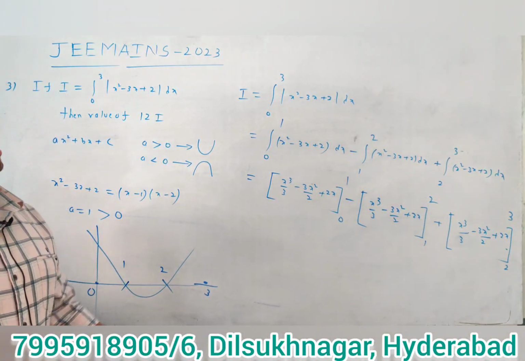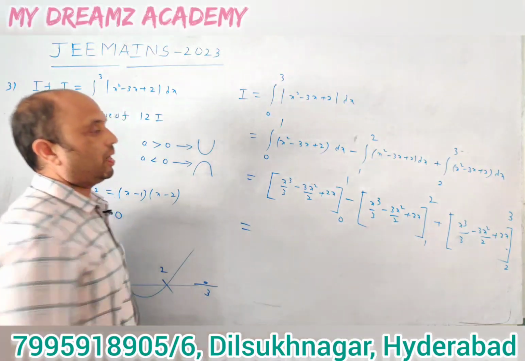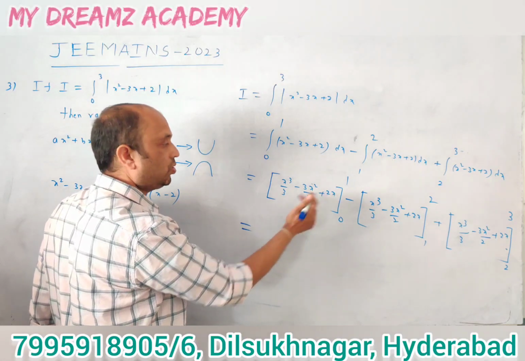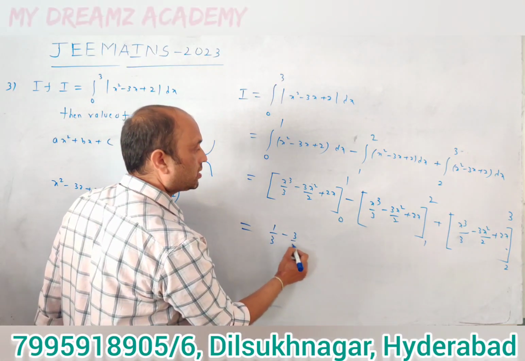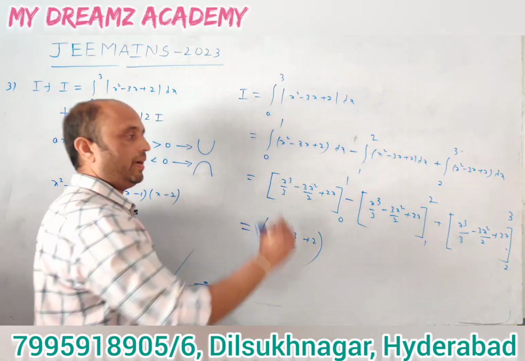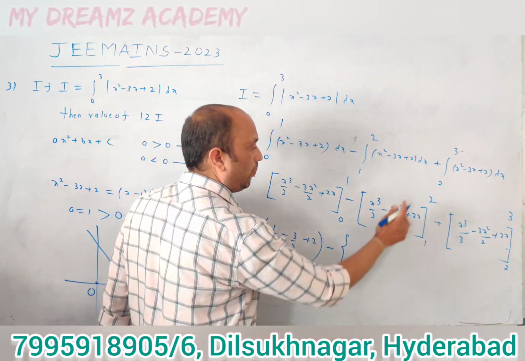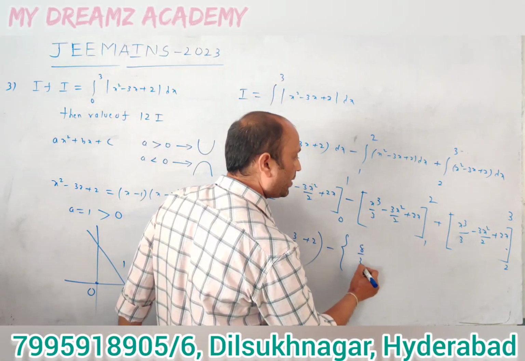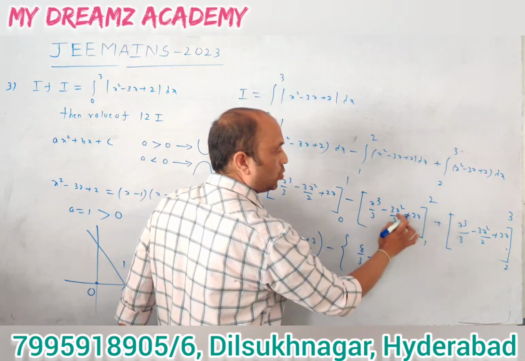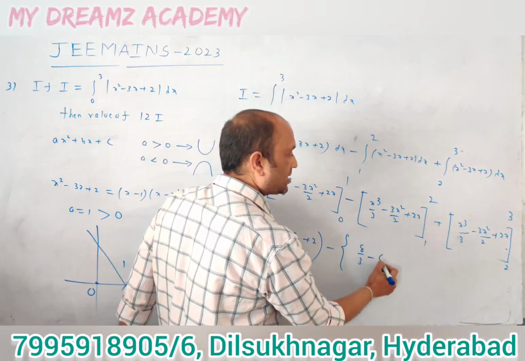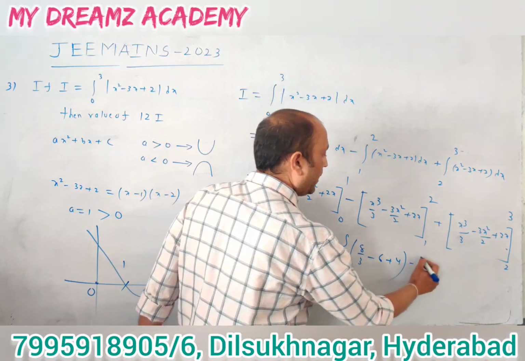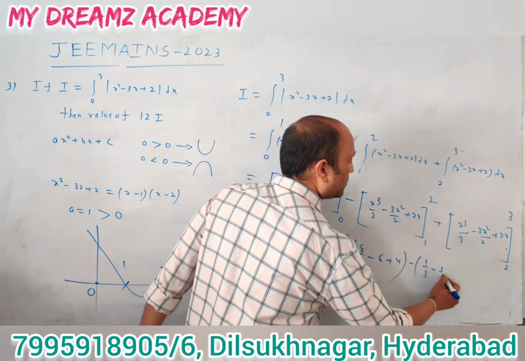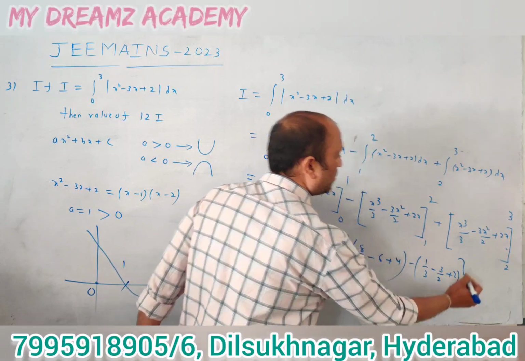Now substitute the upper and lower limits. For 0 to 1, the lower limit is 0, so we get 1 by 3 minus 3 by 2 plus 2. Then minus, for 1 to 2, upper limit: 2 cube is 8 by 3, minus 3 into 4 by 2, which is 6, plus 4, minus lower limit 1 by 3 minus 3 by 2 plus 2.